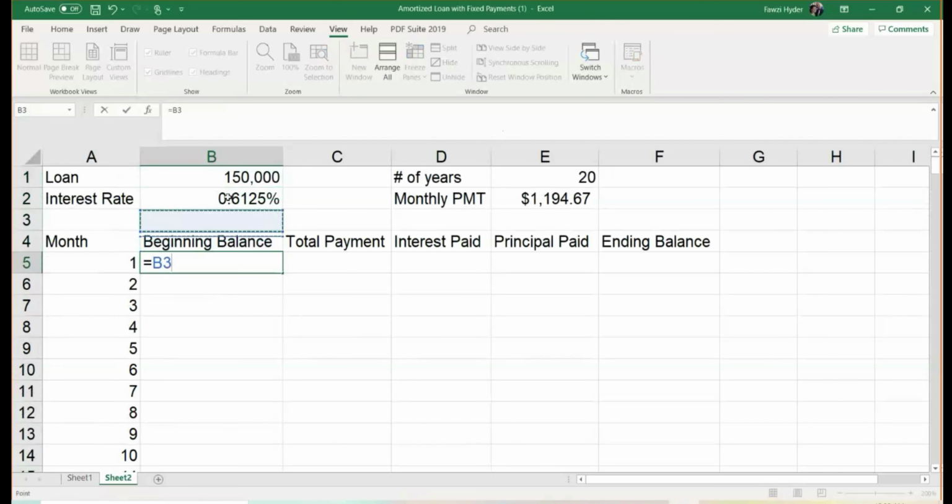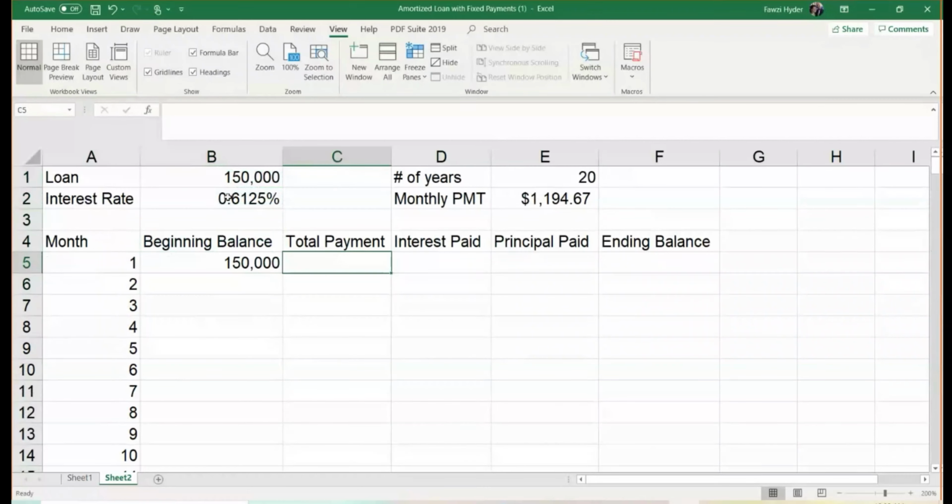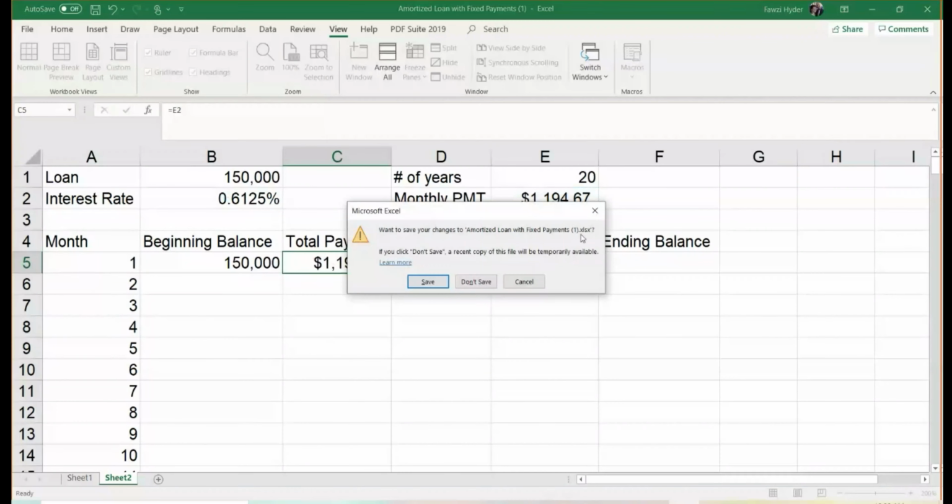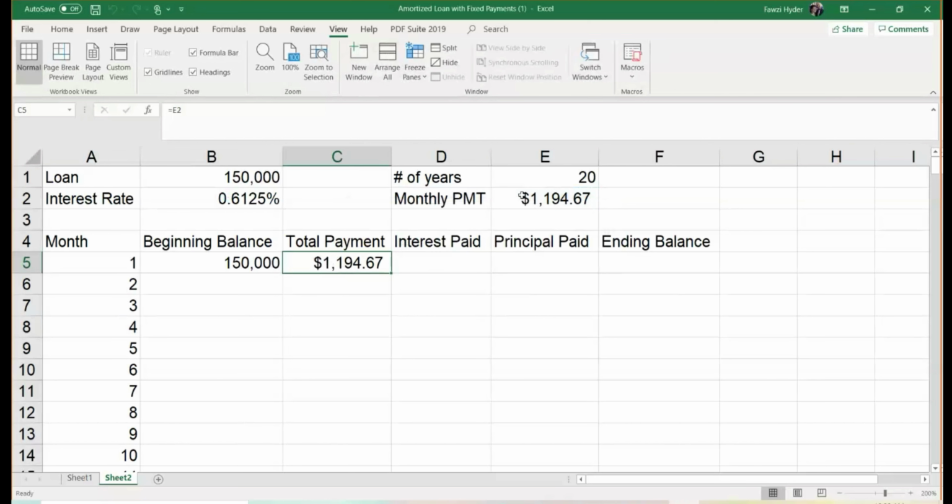So this is equal to the amount of the loan. The total payment is fixed and is equal to the monthly payment. So for this cell, I'm gonna use F4. And here you can see the dollar sign before E and after E. So this cell now is fixed.